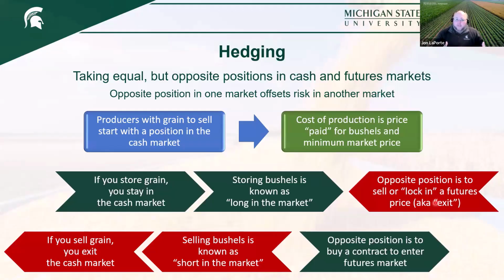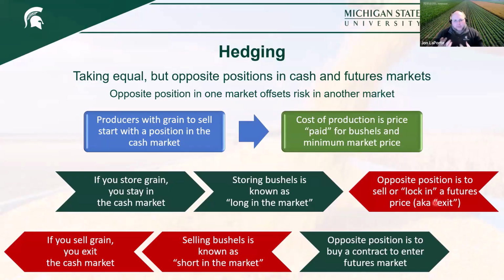Again, if you've raised bushels, you've automatically bought your way into the cash market. Once you sell them, you're exiting the cash market, and then if you're going to hedge, you would enter the futures market theoretically to buy bushels there. And so that's this back and forth where, with everything around futures contracts, everything fundamentally works around this idea of are you buying or selling bushels in that market?